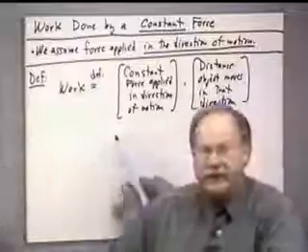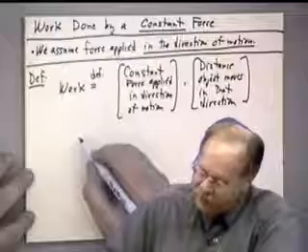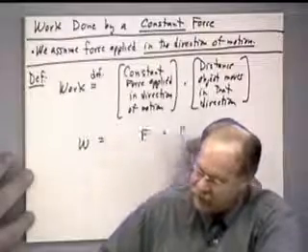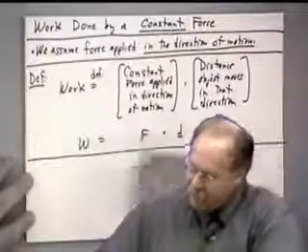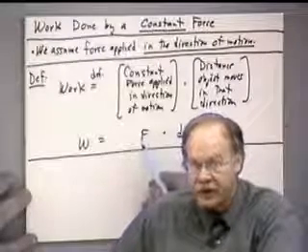So that's what work is. It is the force times the distance in this sense, often abbreviated W equals F times D. Now that formula again only works when the force is constant, so be careful.